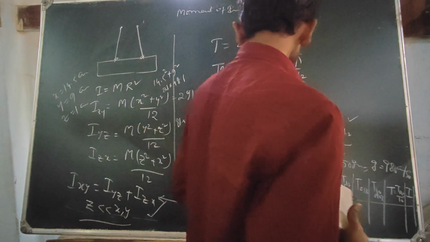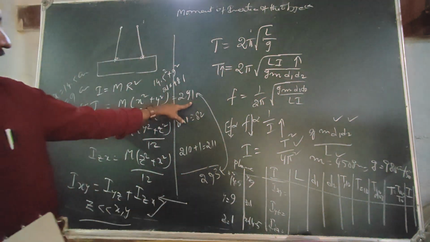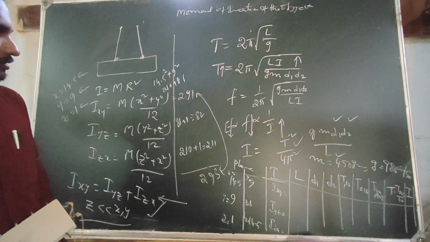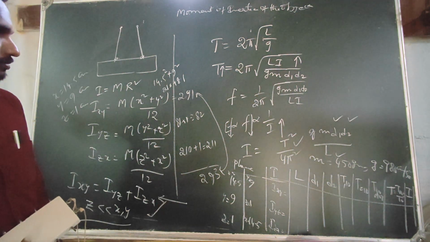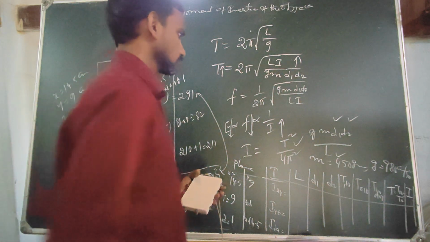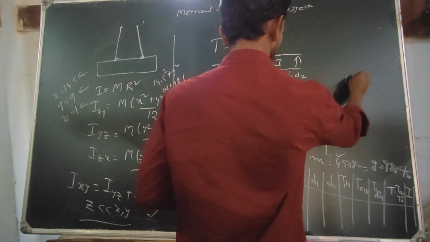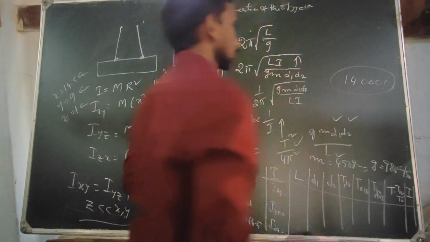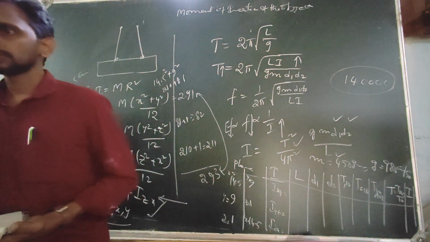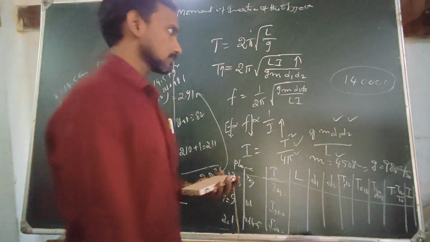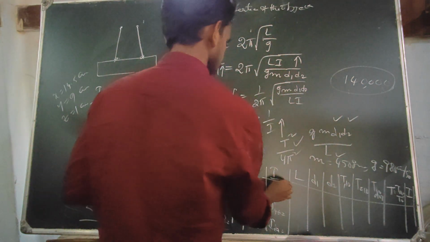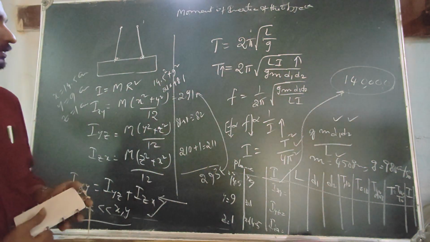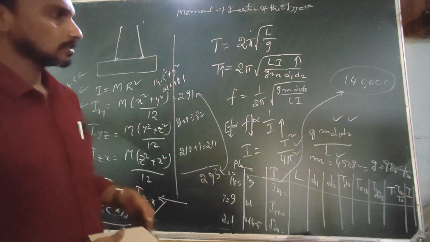M is 450, R square is around 300. So these are the type of the numbers that you come across for I. Okay.